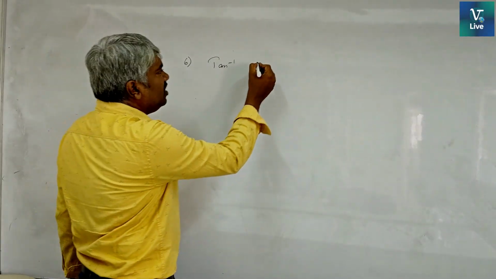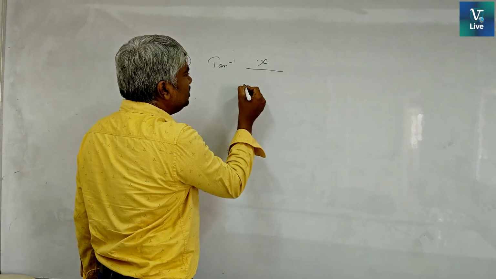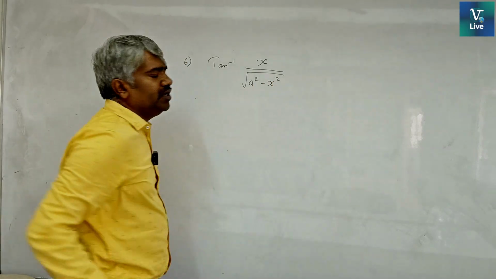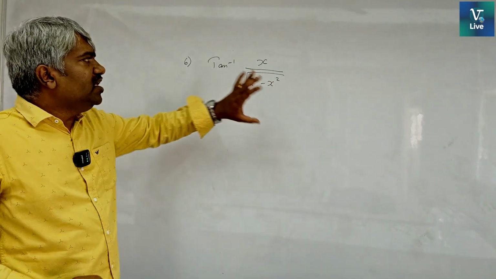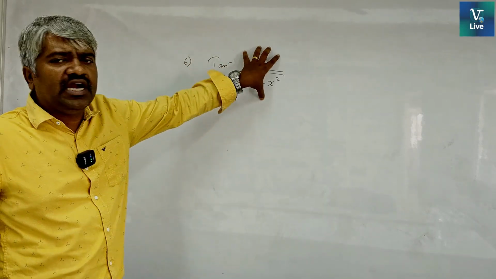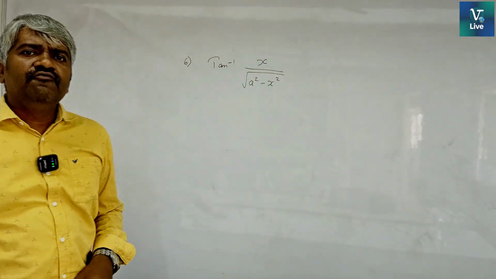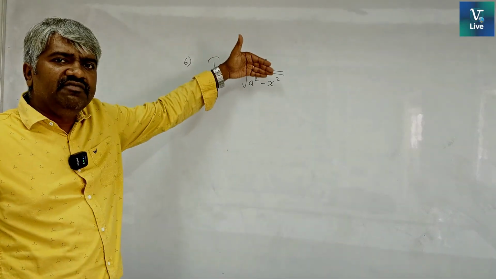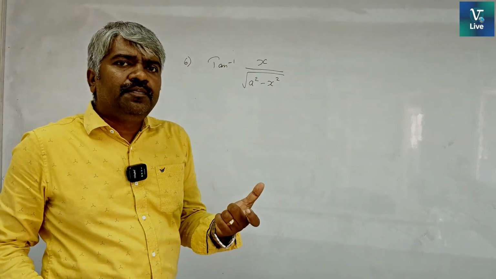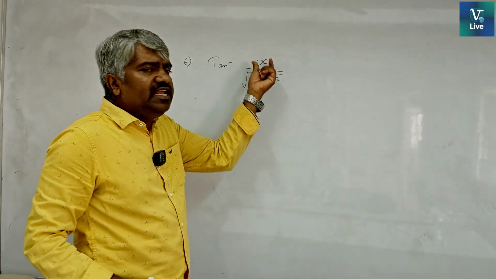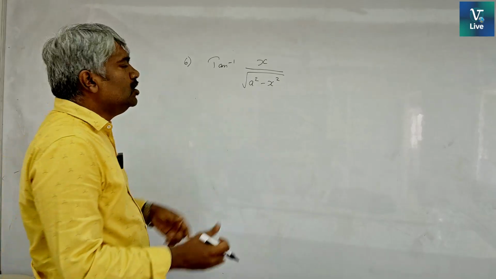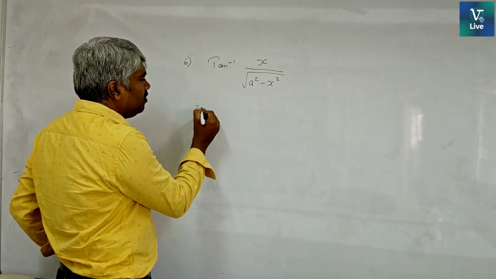Next, tan inverse of x divided by root of a square minus x square. The hint given is that it is in the form of tan inverse, so this has to be converted into tan. We know that when you have a numerator and denominator, most of the time it will be like sine by cos. So first I am going to substitute something for x to convert it into the simplest form.